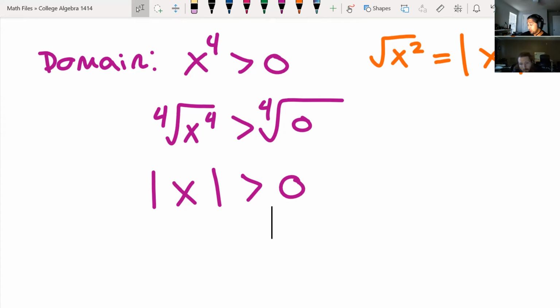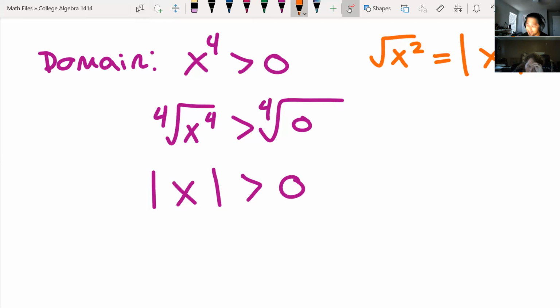And we can still use numbers towards positive infinity, but the only number we can't use is 0. So what would my domain be for this log? Everything but 0.